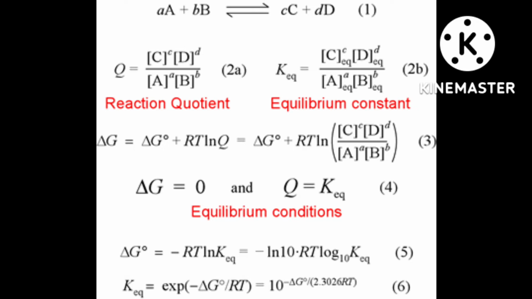In equilibrium, concentration is also expressed in terms of partial pressure or pressure. If gaseous reactions are going on, you can't easily express them in concentration, so indirectly you express it in terms of pressure or partial pressure.